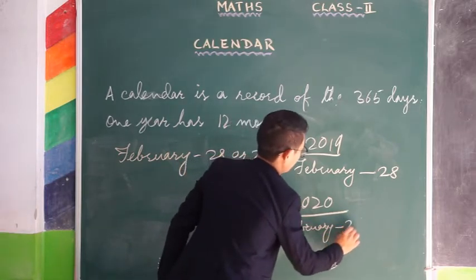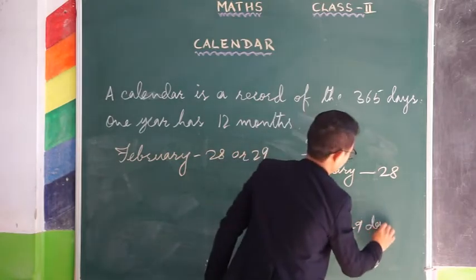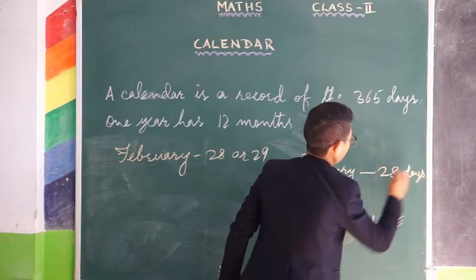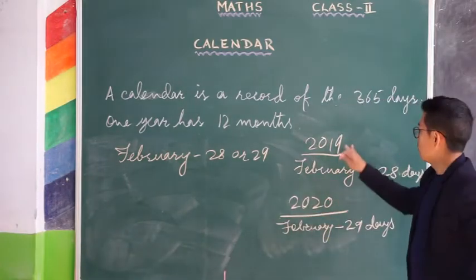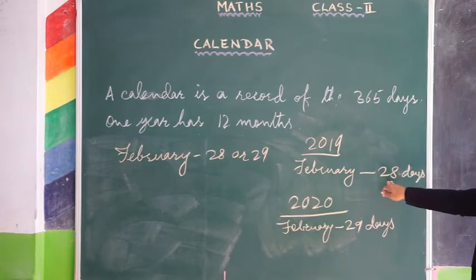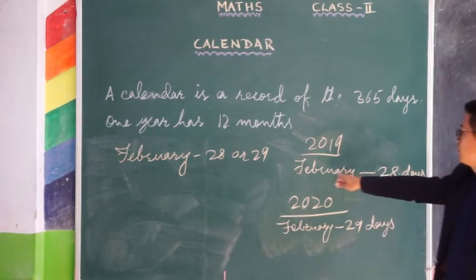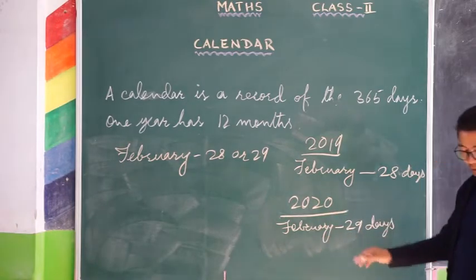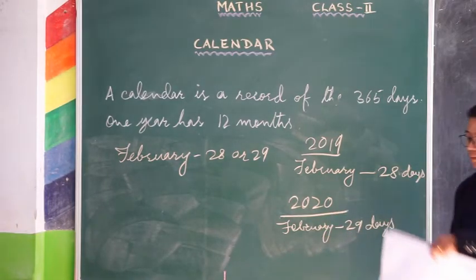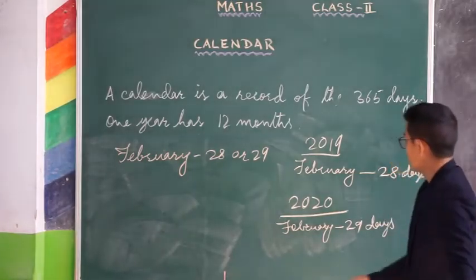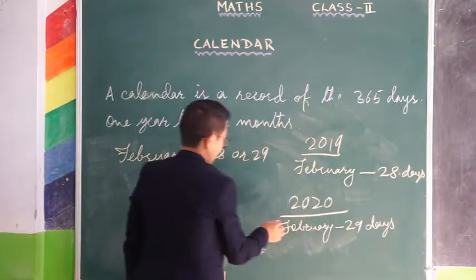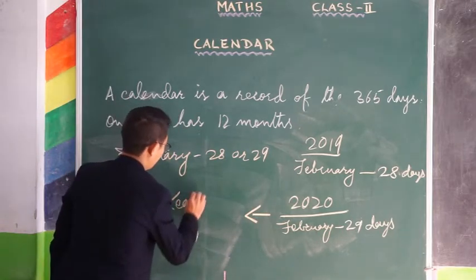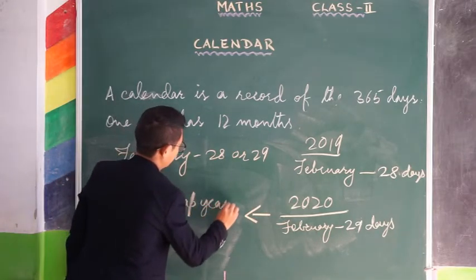Now when you see the 2020 calendar, February has 29 days. 29 days and 28 days. See, 2019 it was only 28 days in the month of February. Now 2020 February it has 29 days. Now why this happened? Because we call this a leap year. Okay.